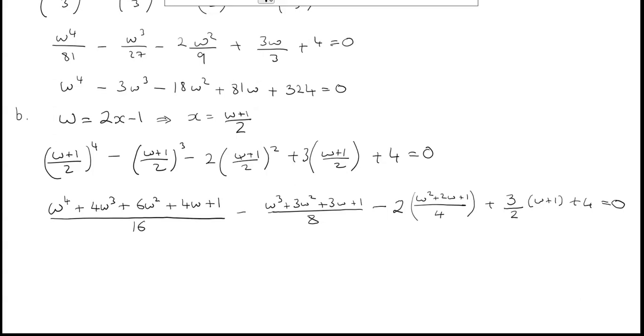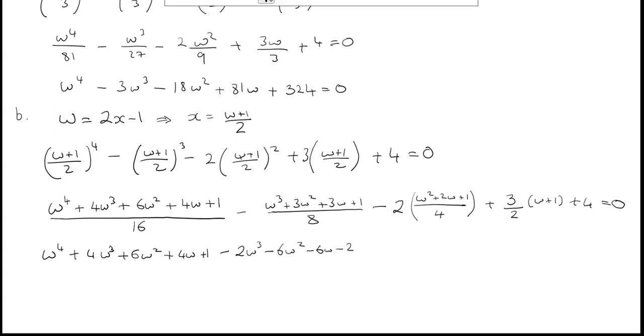First of all, I'm going to get rid of the fractions. I'm going to times everything by 16. Just be careful with the minuses. So this is going to be w to the 4 plus 4w cubed plus 6w squared plus 4w plus 1. Here, it's minus this whole fraction. I'm going to times it by 16. There's an 8 at the bottom, so I'm going to times the top by 2. And there's a minus, so it's minus 2w cubed minus, and I'm timesing every term by minus 2.